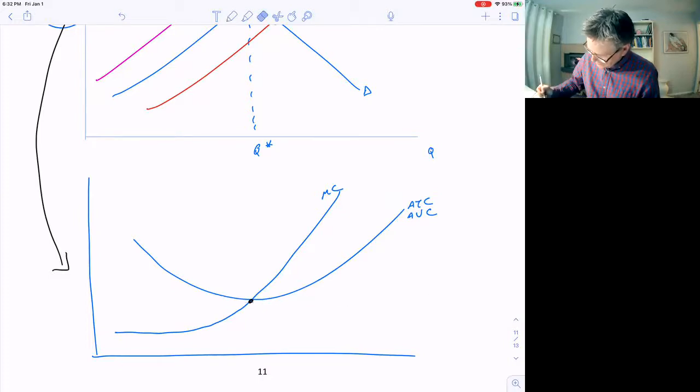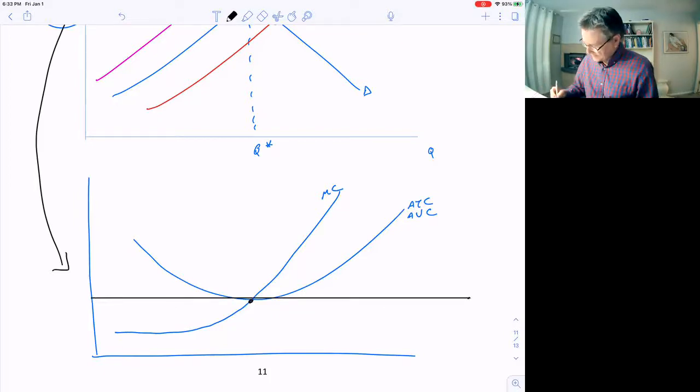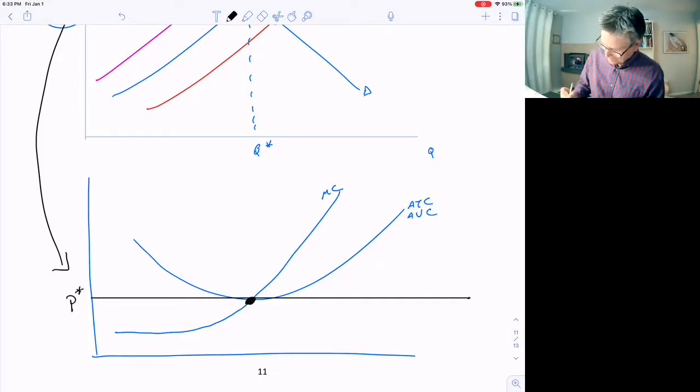A little difficult to do. P star will be right there at the very bottom. I'm just going to fudge the lines here to make it be at the bottom of that average total cost curve. And that's also where it intersects the marginal cost curve.